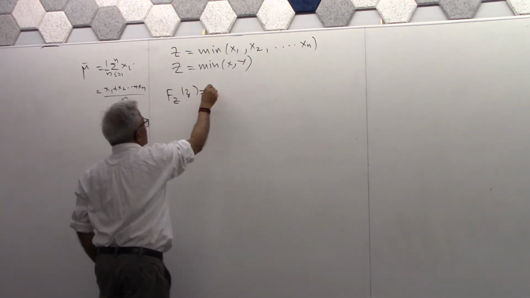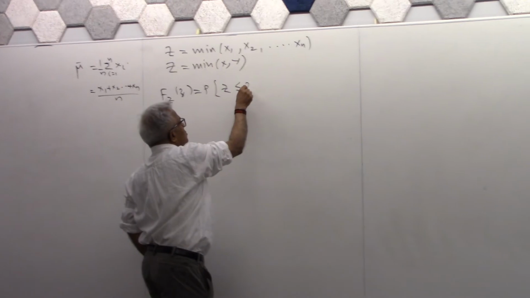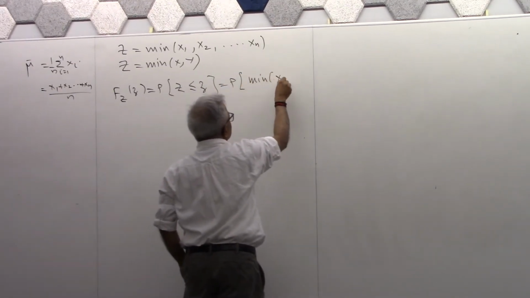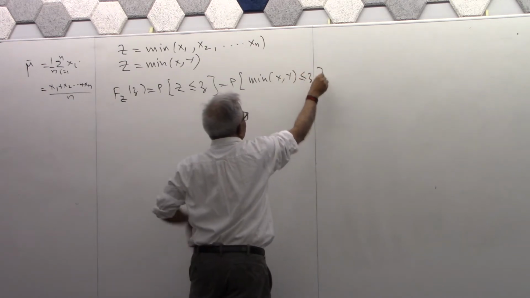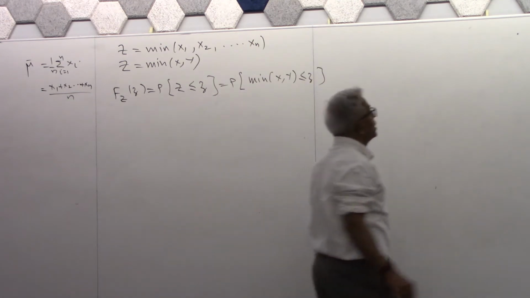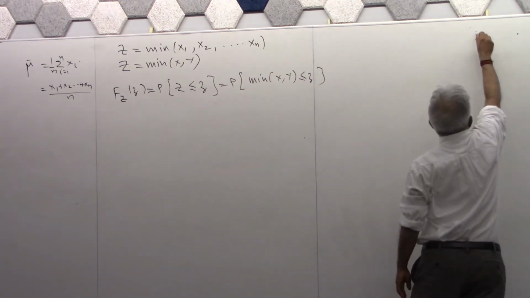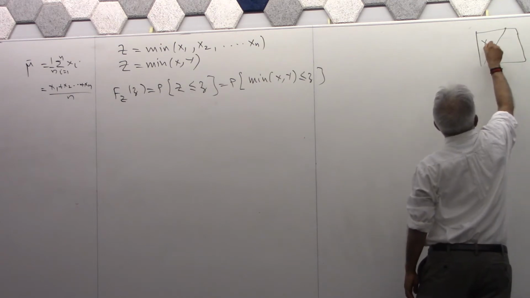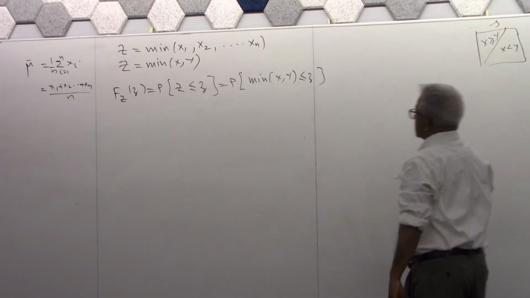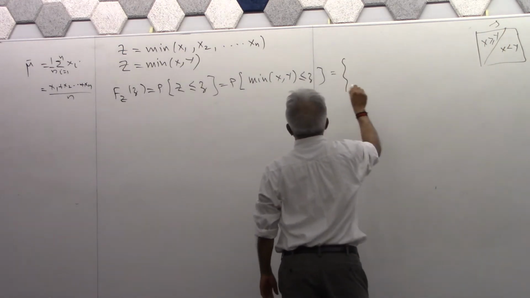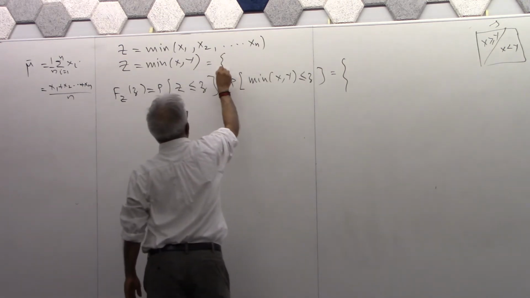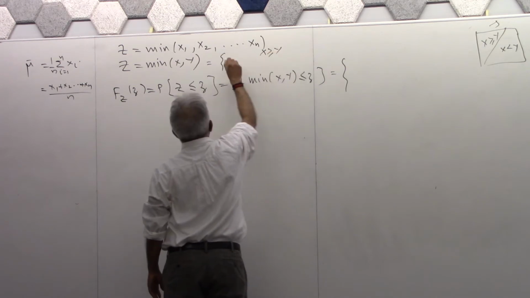So I'll start with the distribution function. Z is less than or equal to z. So Z is given to be the minimum of x comma y, less than or equal to z. So it's not easy to separate out the minimum, except if you consider this natural partition to consider these cases, because if x is greater than y, what happens to the minimum?